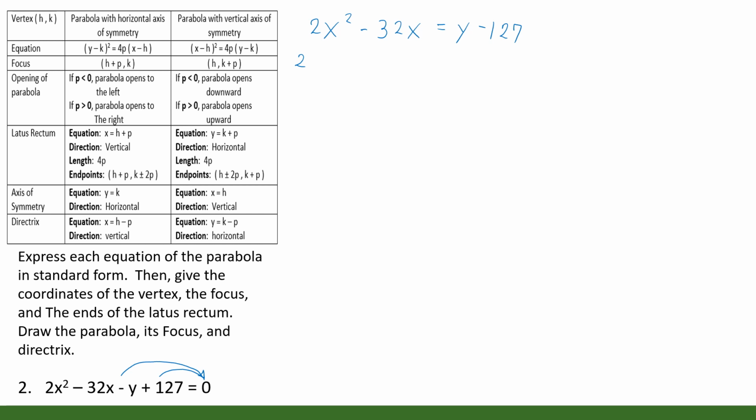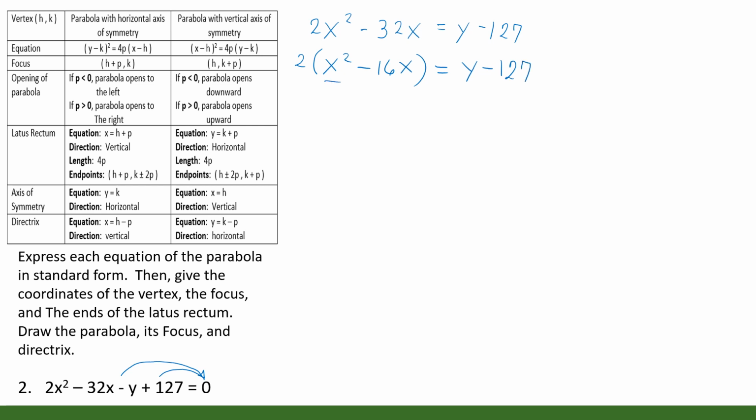Then copy the remaining factor, that is x squared minus 16x. Right? 2x squared divided by 2 is x squared, and then 32x divided by 2 is 16x, equals y minus 127.